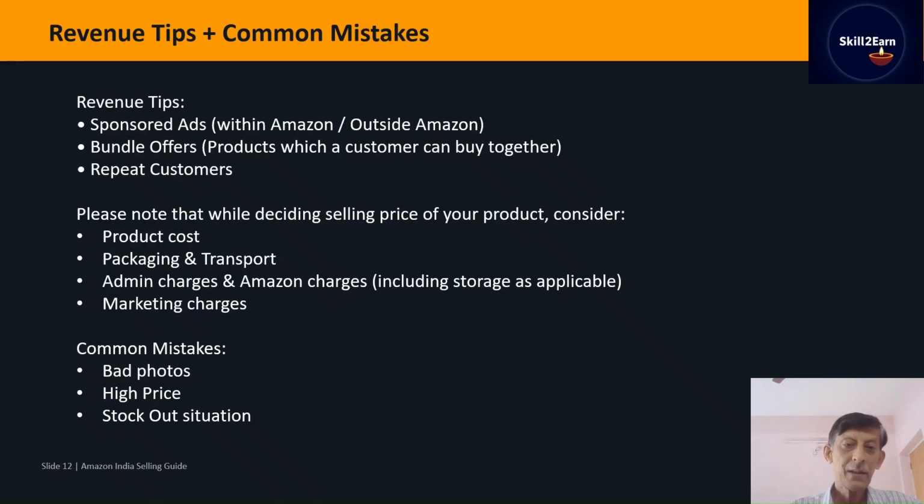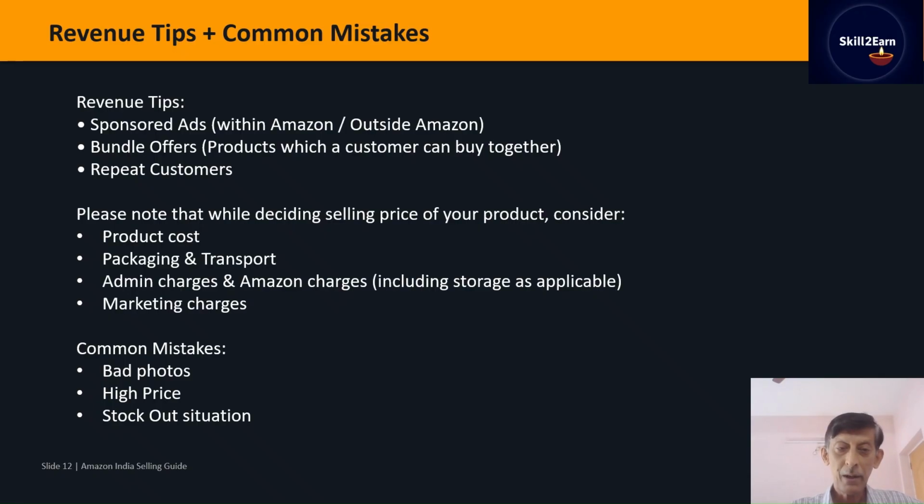Now, what are the revenue tips and common mistakes people make? Sponsored ads, within Amazon and outside Amazon. At both places you have to do digital marketing. Bundle offers: products which a customer can buy together.